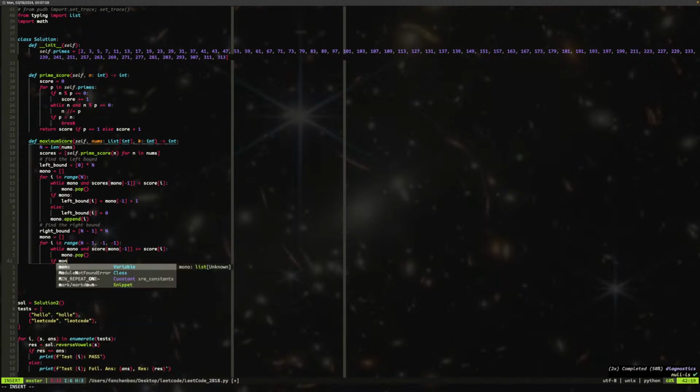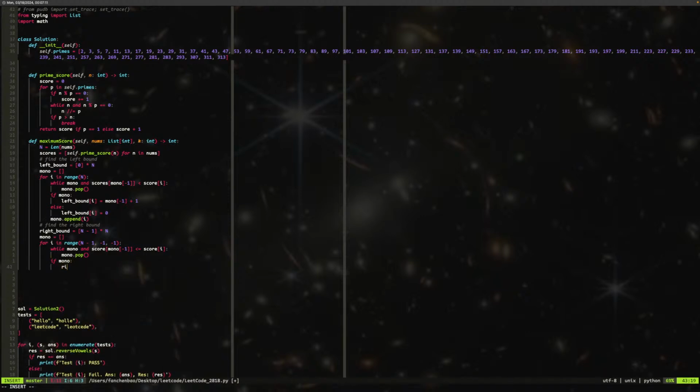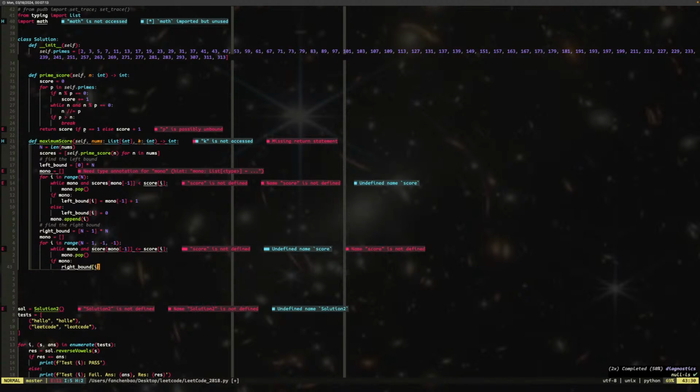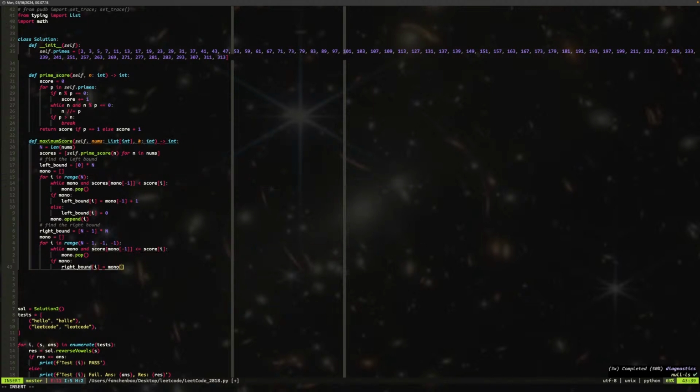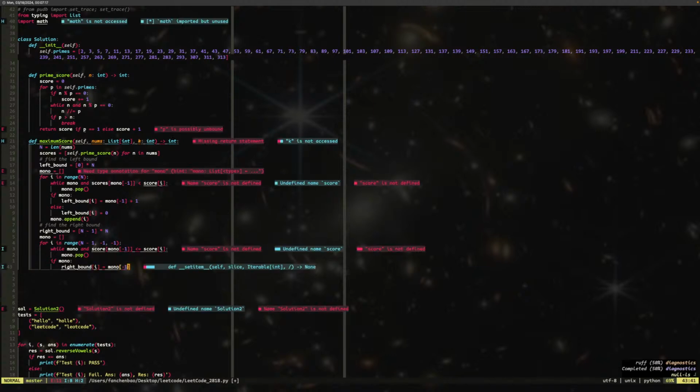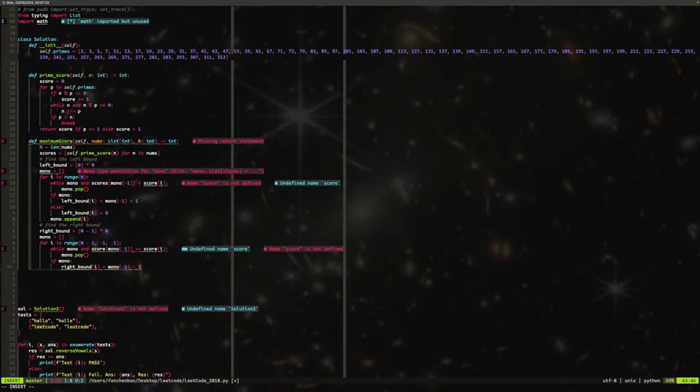And then again, if mono, then right bound I shall equal to mono minus 1. I intend to say minus 1 here because we basically say we hit something that's bigger than us, then we cannot go.